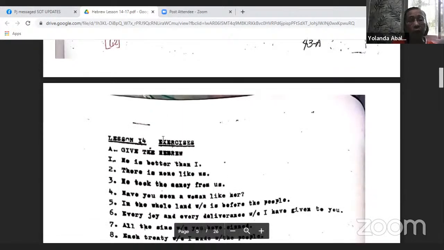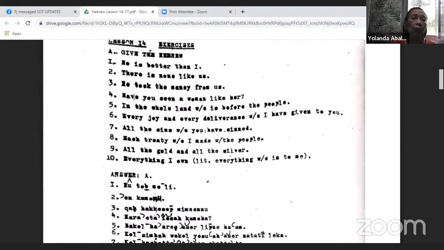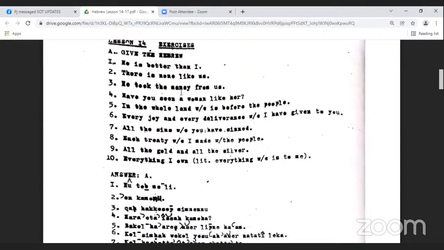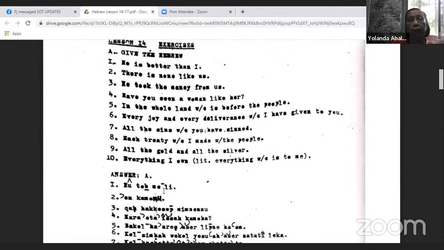Alright. So, he is, sabi niya ng ganun, better than I. Paano mo ita-translate yan? See? He is better than I. Who to milay. Bakit tayo gumamit ng me? Than.